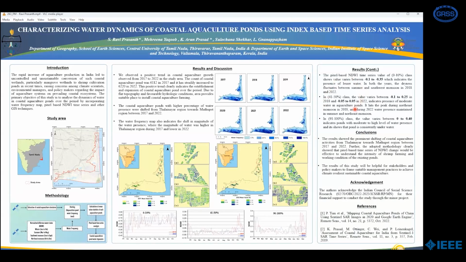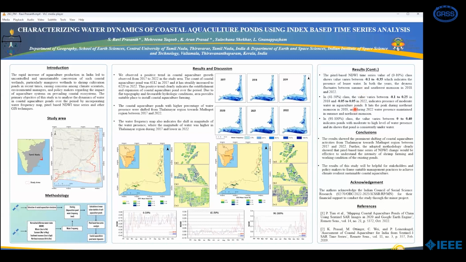In the 41 to 50% class, the NDWI time series value varies between minus 0.1 to 0.25 in 2018, and in 2022 it varies between minus 0.05 to 0.05, which indicates the presence of moderate water in aquaculture ponds.